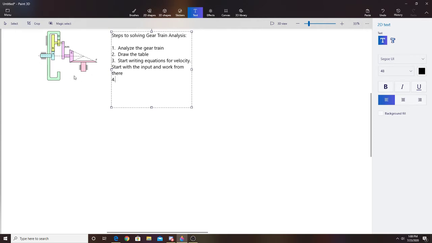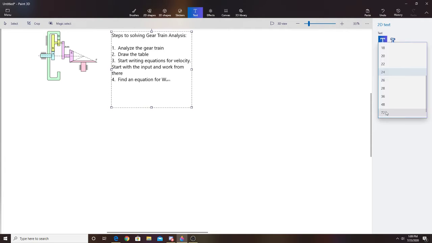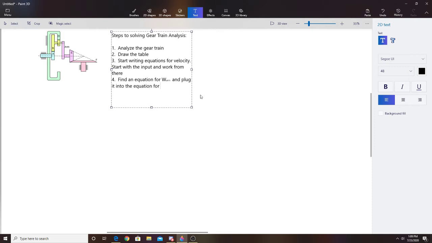And then the last one was to find an equation for W arm, and plug it into the equation for the output, or whatever one you're looking for, right?